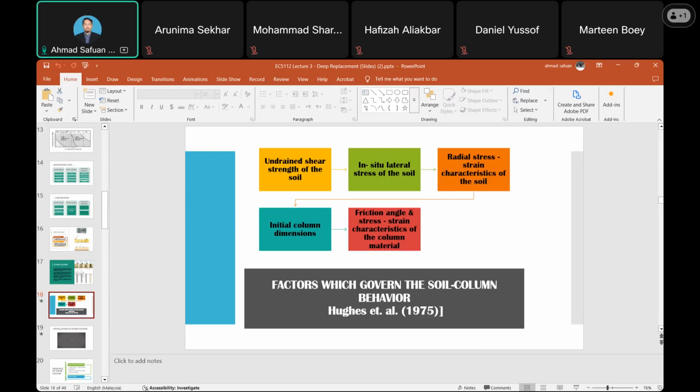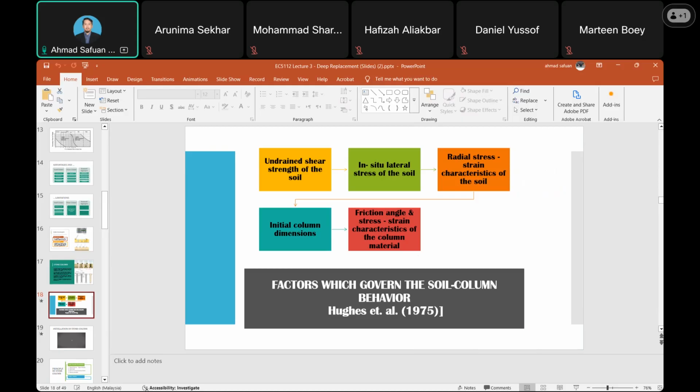So then usually, for example, for the deep mixing methods, we try to use stiffer material, or stronger material.